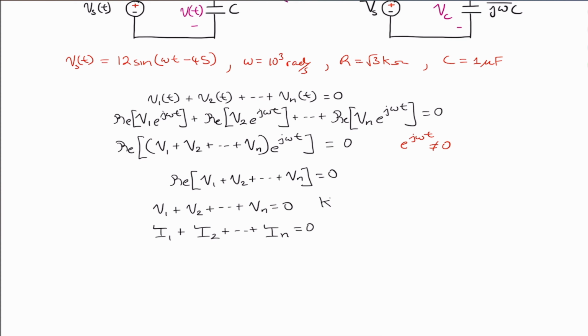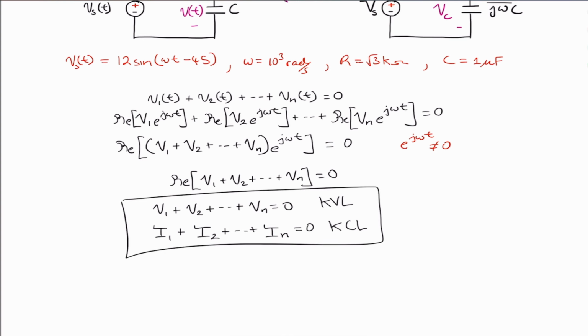So we have KVL and KCL. This states that KVL and KCL are valid in the phasor domain, which is very important. So the phasor domain analysis method consists of several steps.